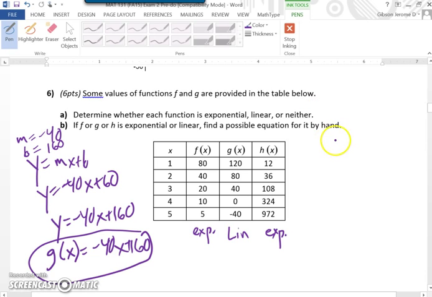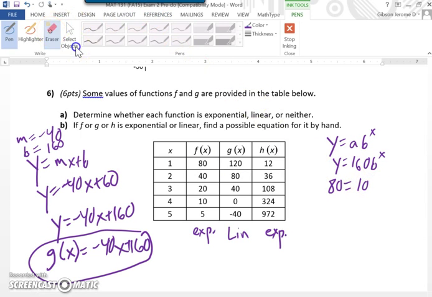Remember, our equation is y equals a b to the x. So now we will have y equals 160 times b to the x. Now we're trying to find what b is equal to. We could just use one of the ordered pairs here. I would use 1 and 80 just to make it a little easier. So 80 would be our y, and 1 would be our x.